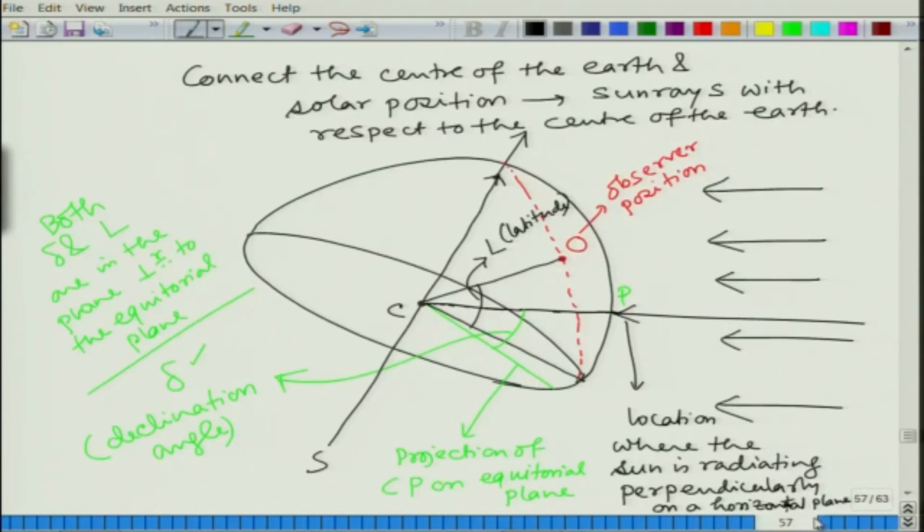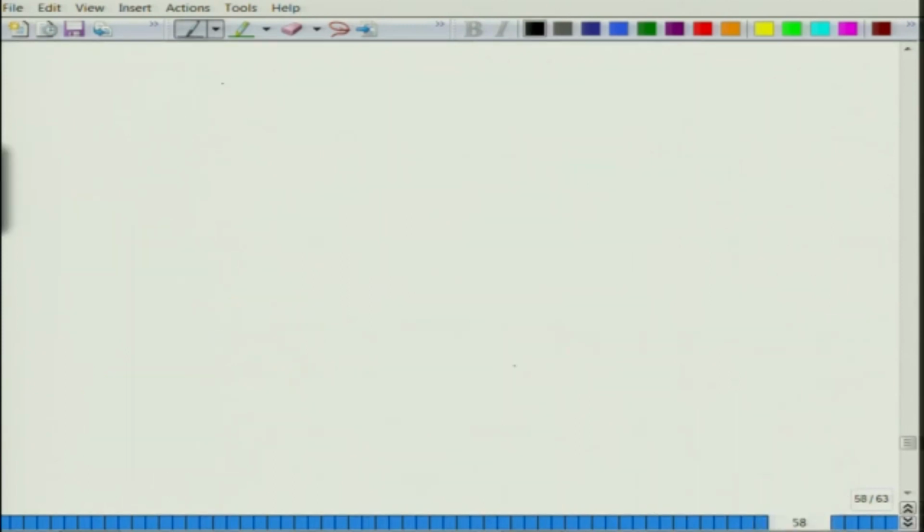Here you can see that this is the normal ray that is coming and the angle it is making is called the declination angle. And the other angle that we have seen in the same figure is the latitude. Now, we are going to talk more about the declination angle, because that is a very critical piece of information.